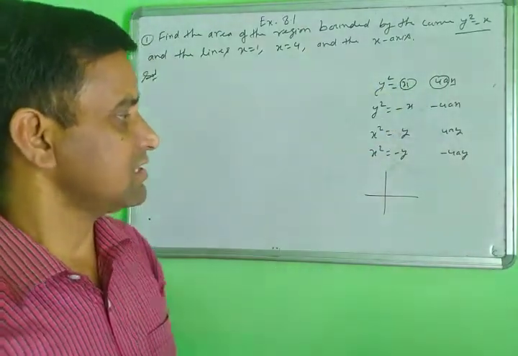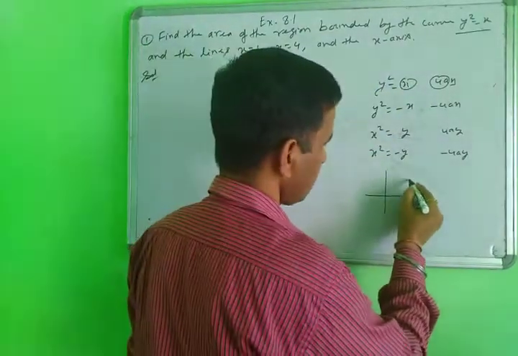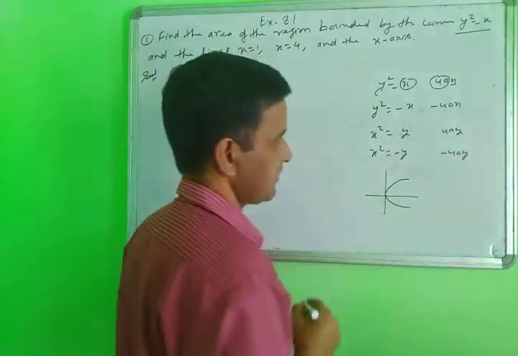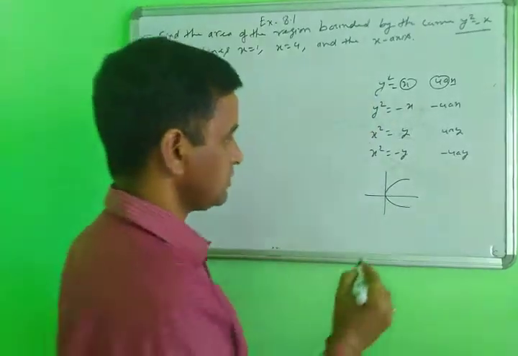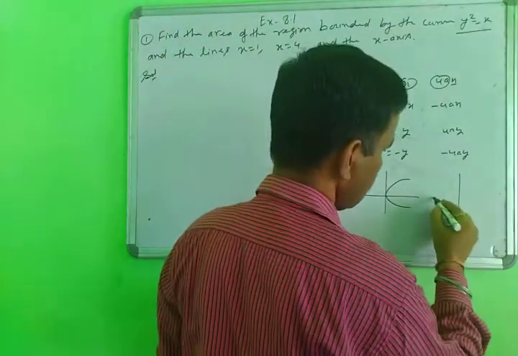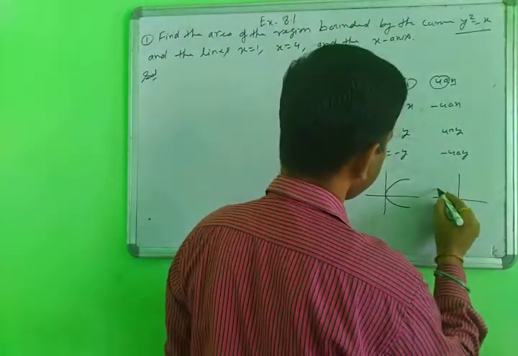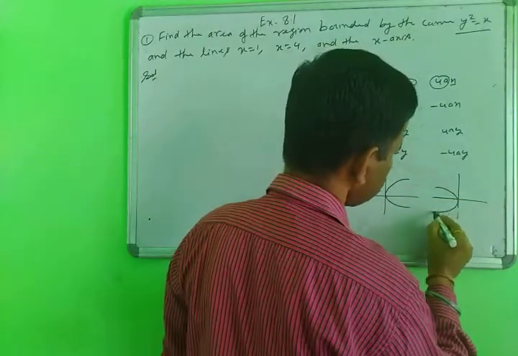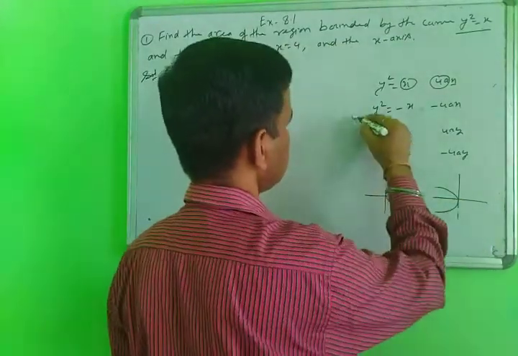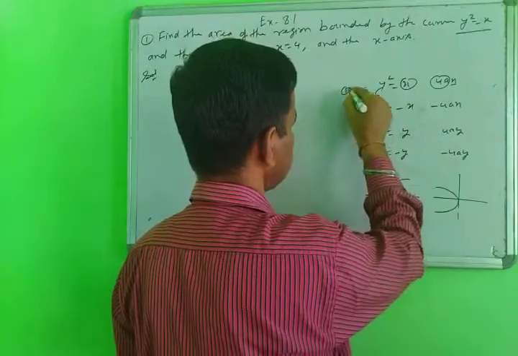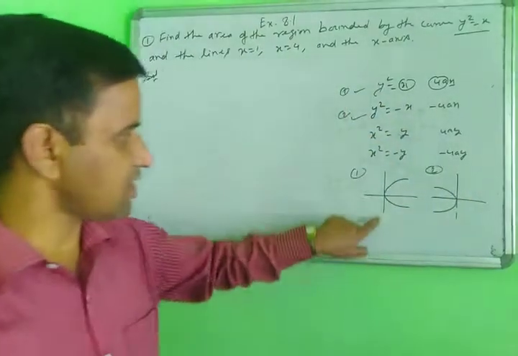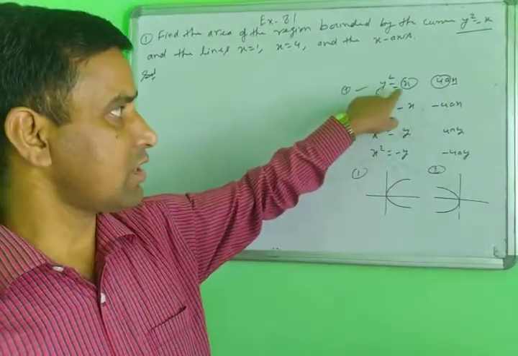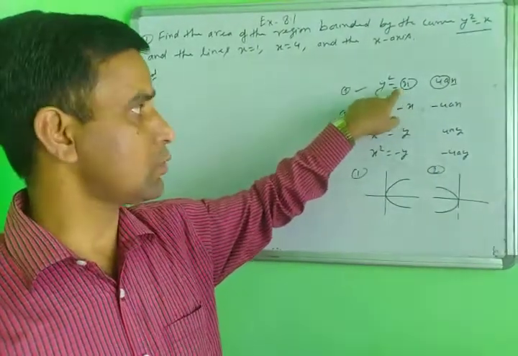Discuss here the symmetry about the x-axis. This is the positive x, called the first figure. The second is symmetry about the minus x-axis. This is figure first and figure second. Figure first represents y square equal to x.